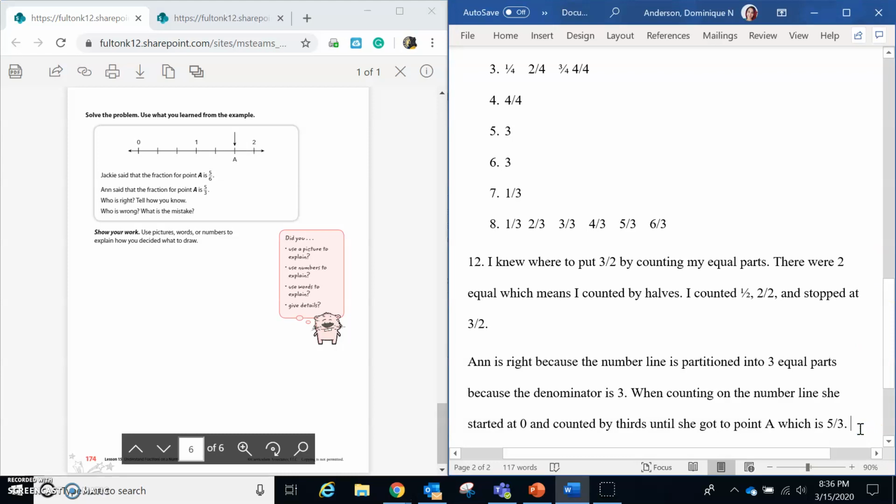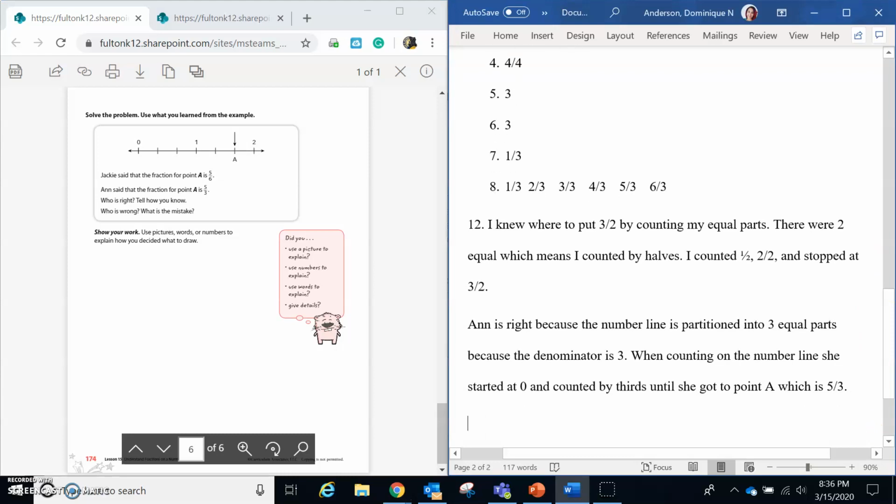Alrighty. So now we need to talk about why Jackie is wrong. So let's look. So Jackie said that the fraction for point A is 5/6. So if I look, I'm thinking she went 1, 2, 3, 4, 5, 6. She counted all the way to 2 instead of stopping at 1 to get her equal parts, and counted by 6. So what we can say is Jackie is wrong.